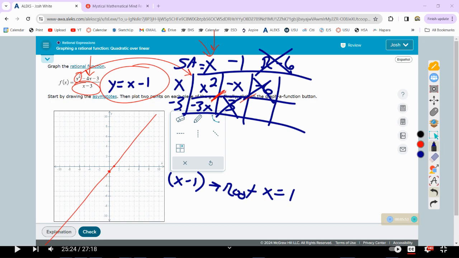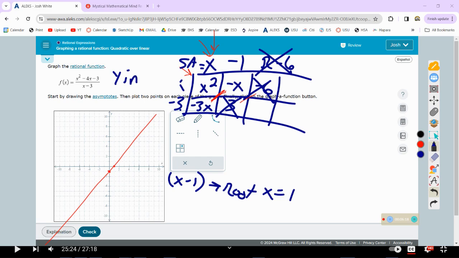Okay. And we have, so the graph is going to look, we don't have any VAs. No VAs, no HAs, and we're going to have a hole at 3. So I need to start plugging in some numbers. 0 is usually pretty easy.